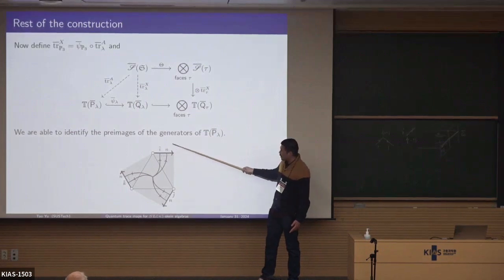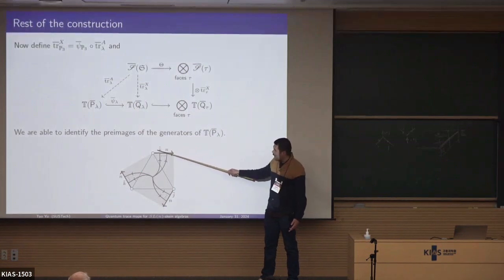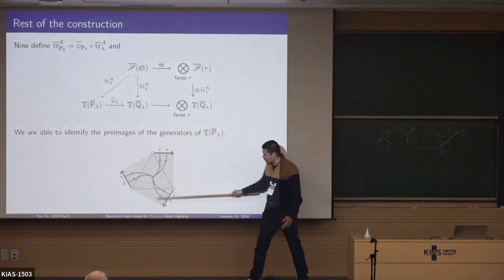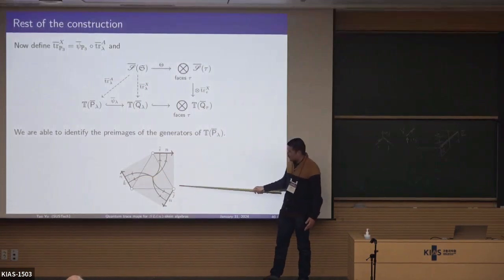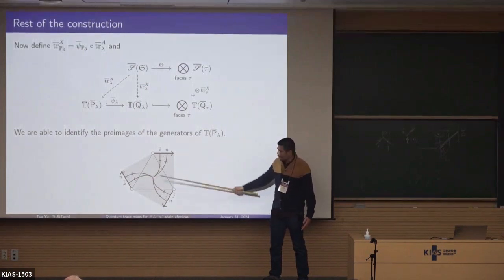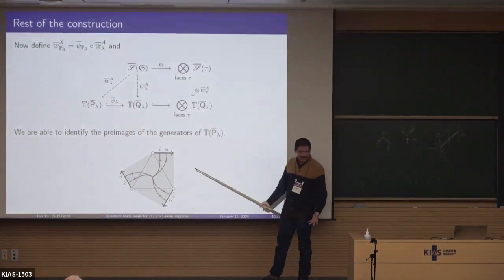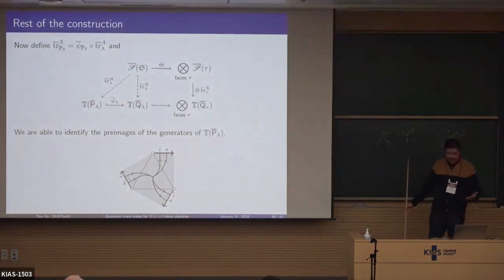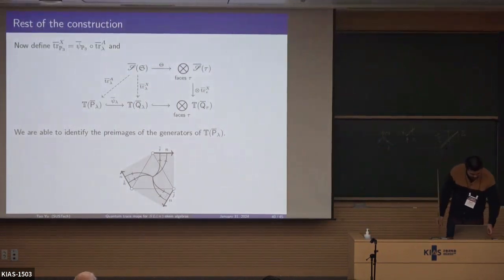Remember, these are labeling the weights of the standard representation. So these are simply the highest weight vectors of the fundamental representation, and they wedge together to the whole thing. So this picture has sort of a representation theory interpretation.